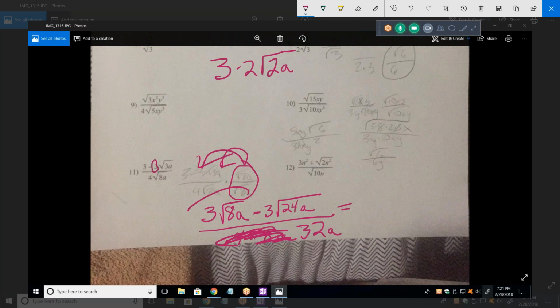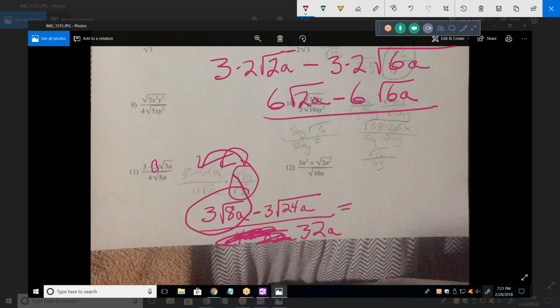So that's this part here. Minus, that 24 comes out as a 2 root 6. 2 times 3 is, well, I'll write it like I did the first one. And what's left is 6a. And that gives us 6 root 2a minus 6 root 6a, and we're dividing the whole thing by 32a, correct?